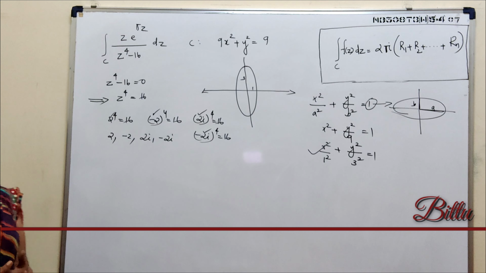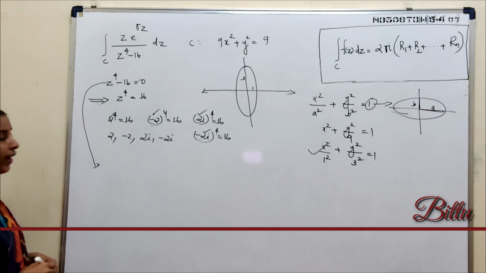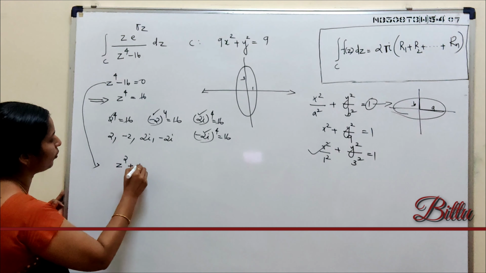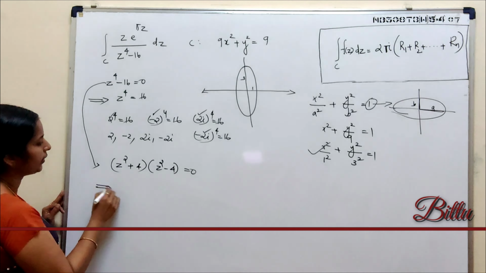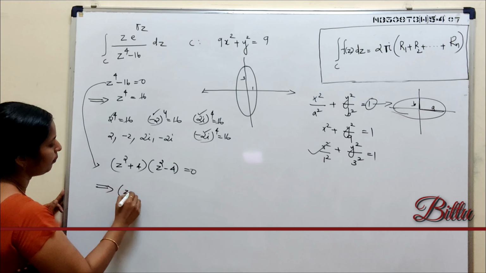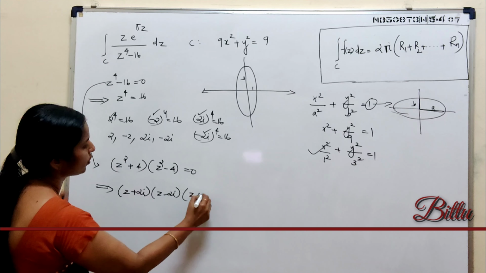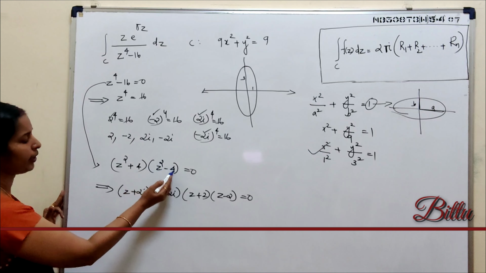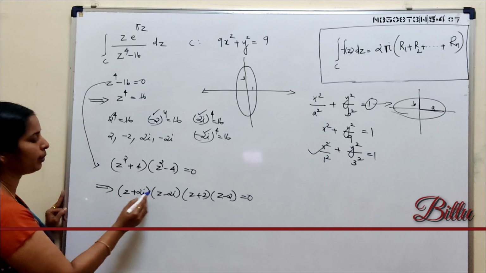Really, there are different methods for solving this equation. I will do it in another way. You factorize this equation. Its factorization is z square plus 4 into z square minus 4 equal to 0, which implies z plus 2i into z minus 2i into z plus 2 into z minus 2 equal to 0, because a square minus b square is a plus b into a minus b, and a square plus b square is a plus ib into a minus ib.